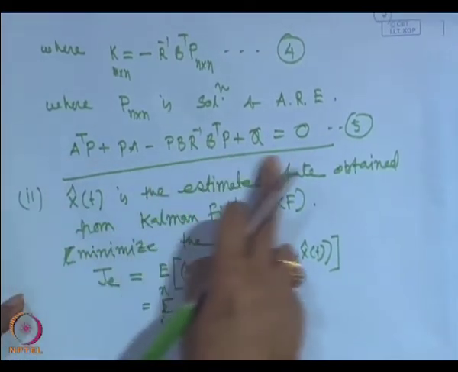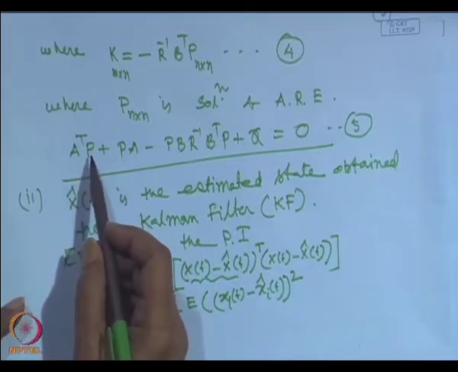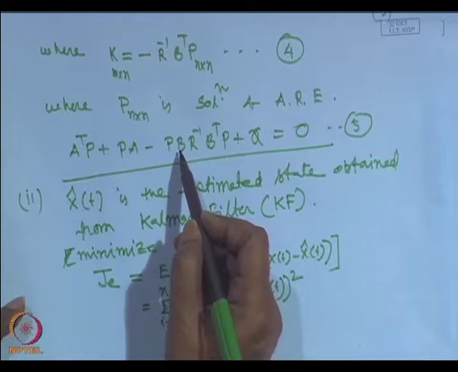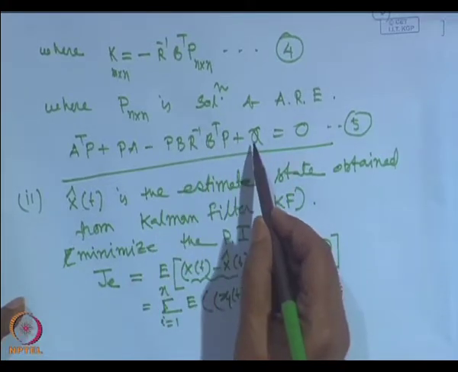So, in this expression I will replace A by A transpose, B by C transpose, and Q will be replaced by W, as we mentioned in the beginning.